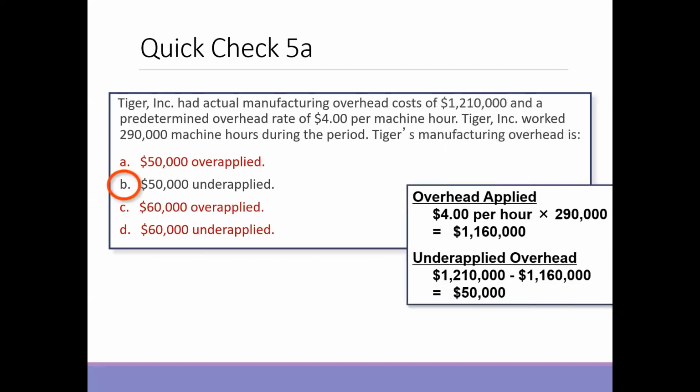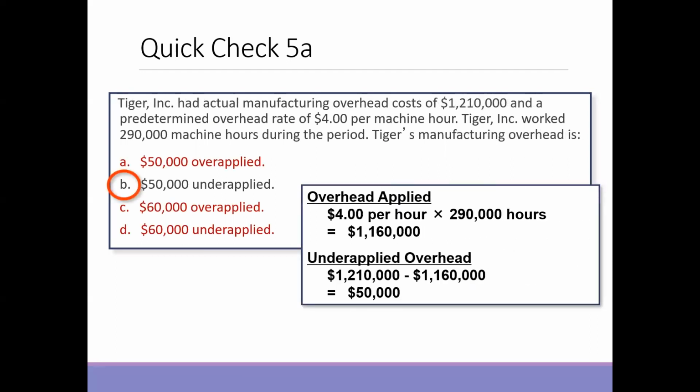Okay. So what we look at is the applied was 290,000 actual hours times $4 an hour. And the actual costs were 1,210,000. So we underapplied this by 50,000. What we gave to the product was less than what the actual manufacturing overhead cost consisted of.